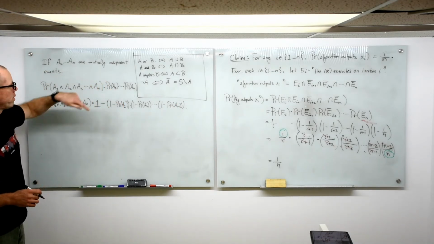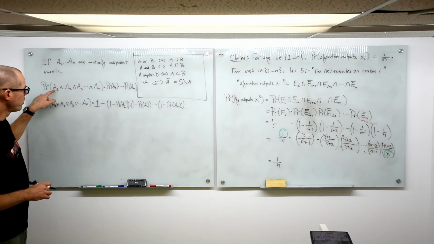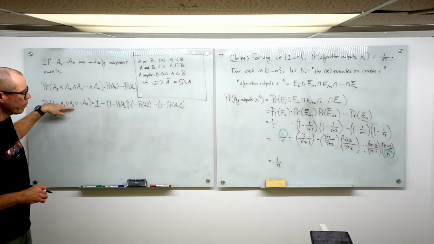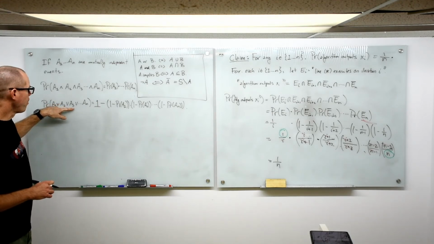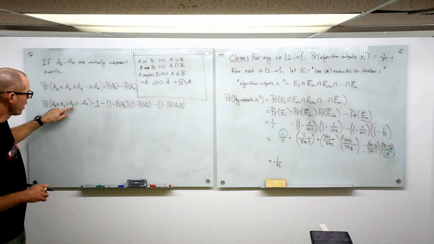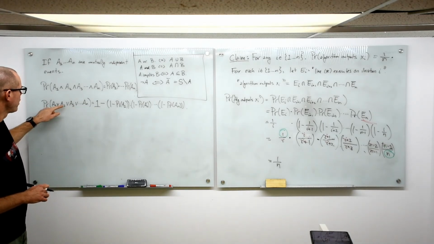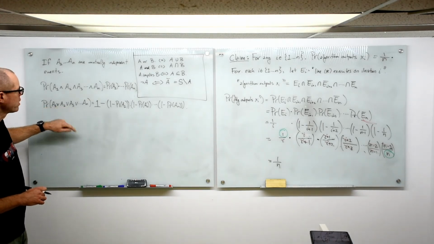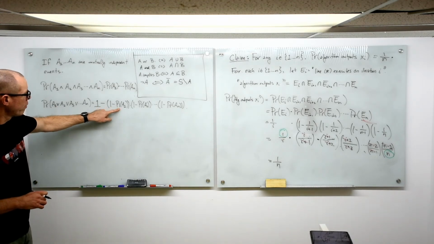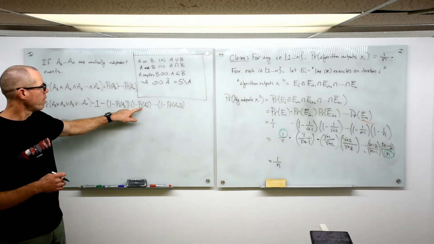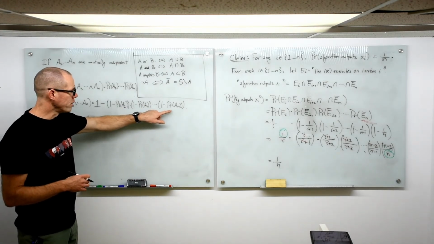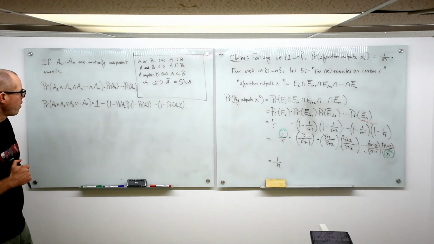So this one we used always. The probability of the conjunction is just the product. And this one, when we were doing the parallel circuit, this is what we used, right? The probability that the first one works, or the second one works, or the third one works, is 1 minus the probability that the first one doesn't work times the probability that the second one doesn't work times the probability that the third one doesn't work, and so on.